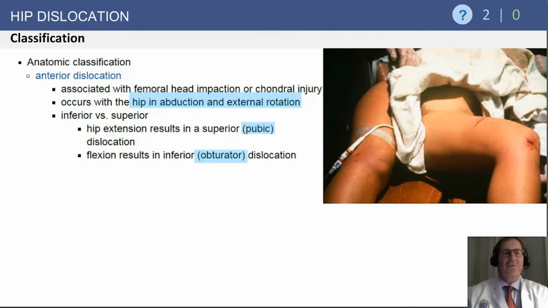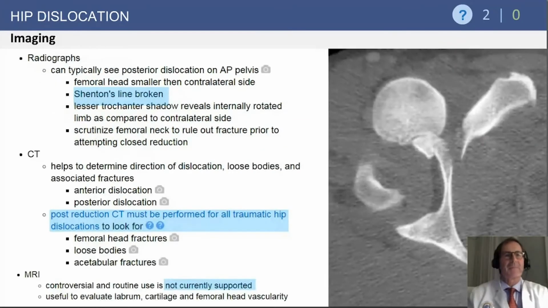Anterior dislocations can occur. You are familiar with these as either a pubic or an obturator dislocation. The inferior dislocation is the obturator dislocation that occurs when the hip is abducted and flexed and then loaded, and a superior dislocation, the hip is abducted and extended, leading to a superior suprapubic dislocation, quite uncommon.